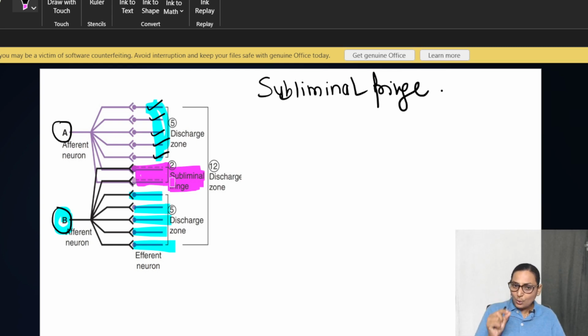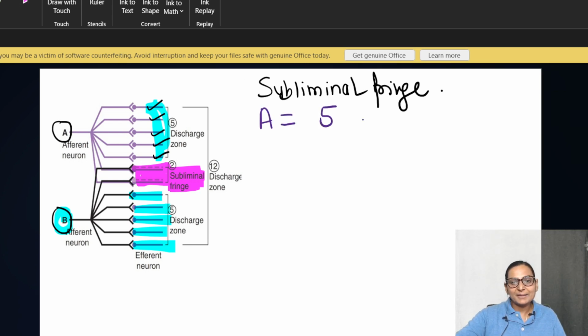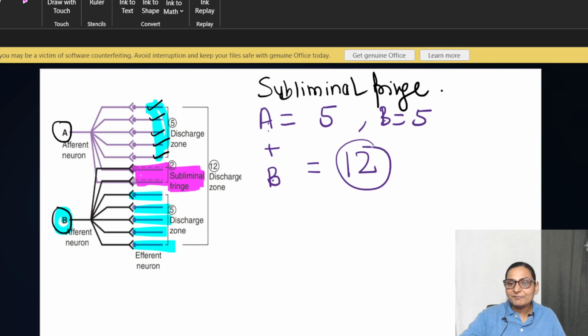मतलब ये दो neurons common हैं A को और B को. So जब आपने A stimulate किया 5, आपने B stimulate किया 5, neurons activate हुए. But when you bring about stimulation of A and B together, you are stimulating 12 neurons and not 10. ये 5 और ये 5 के अलावा you are stimulating 2 other neurons.